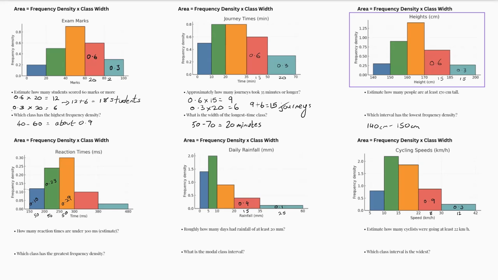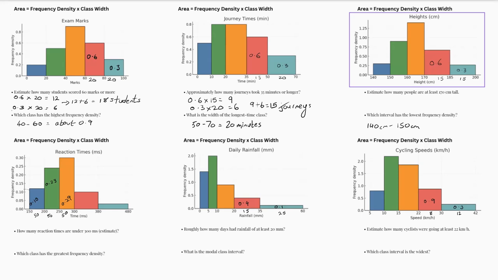So let's plug all this into our formula. Our frequency density is 0.6 times 20 equals 12. So that's that one done. The next one, the frequency density is 0.3 times the gap between the width, 20, equals 6.